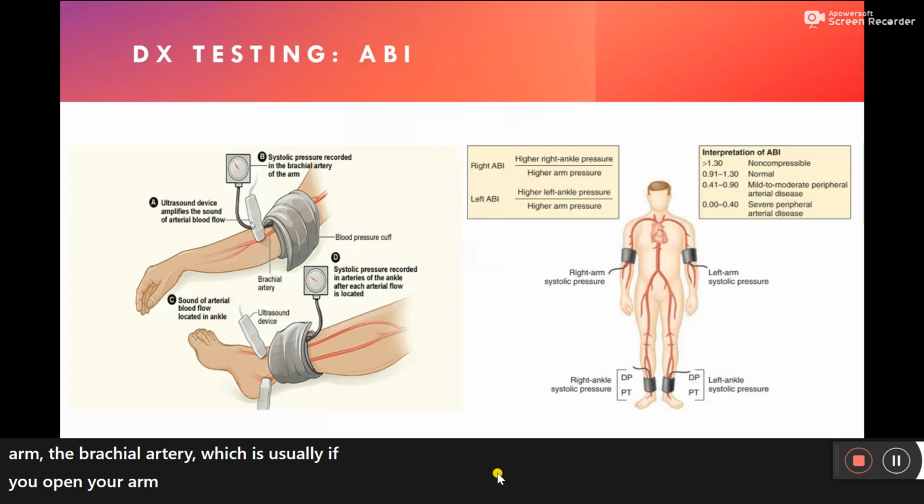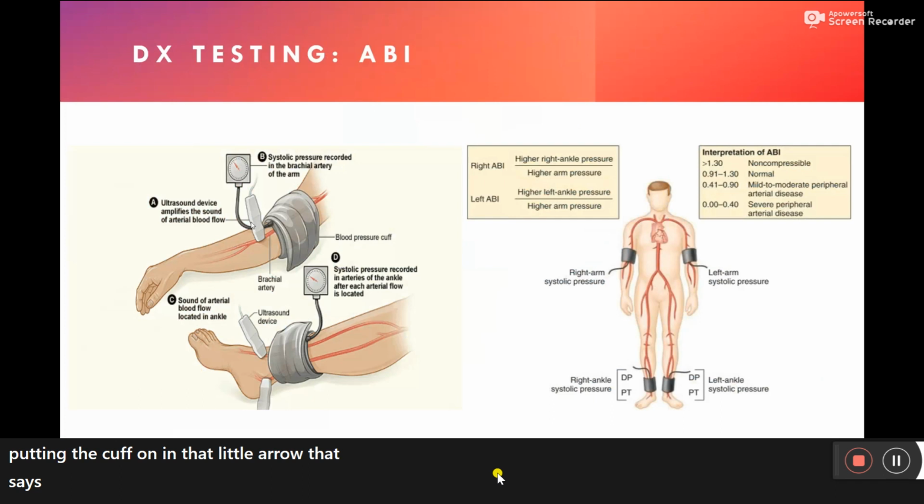Medial, of course, is being closest to your torso. But that's where you're going to find your brachial pulse. And hopefully, if you've ever had to do a blood pressure on somebody, and you're putting the cuff on with that little arrow that says artery, you're placing that towards your brachial artery and not just the center of the antecubital area.